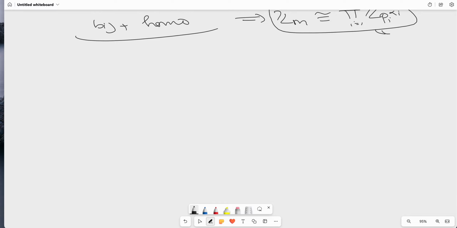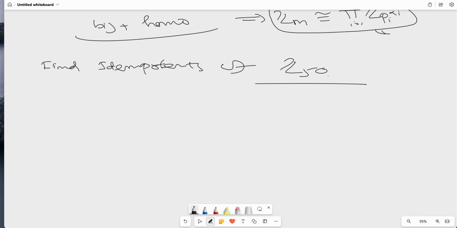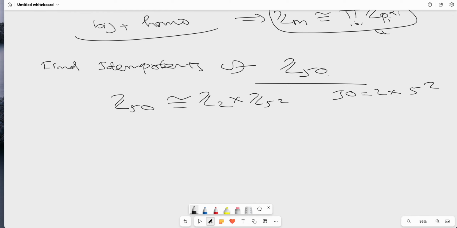Suppose you have a ring, find the idempotents of Z50. You know that 50 can be written as 2 into 5 square, so Z50 is isomorphic to Z2 cross Z(5 square), right?